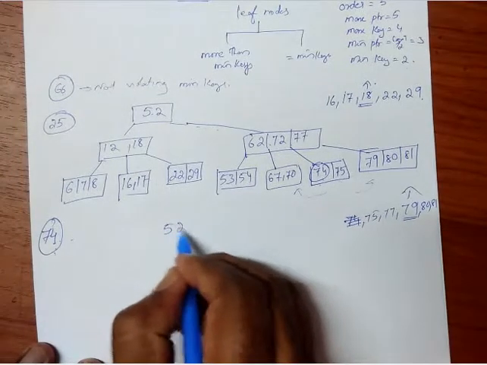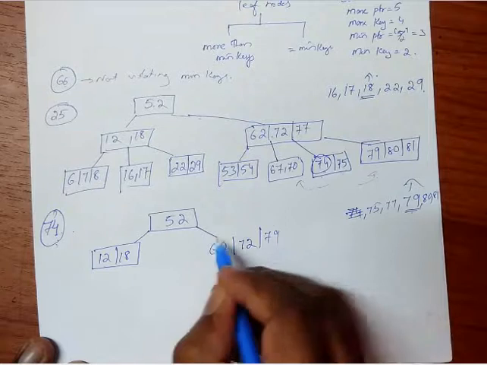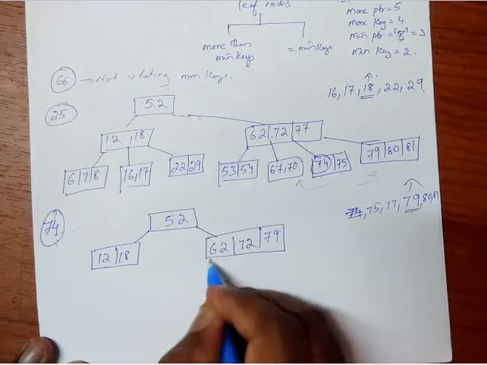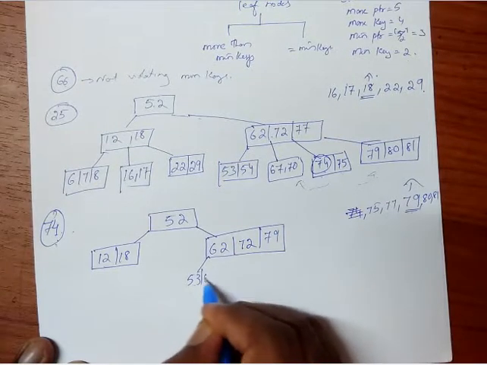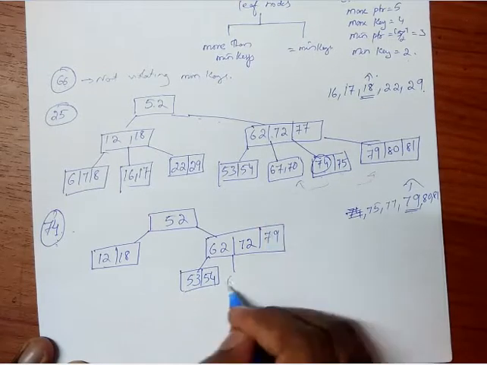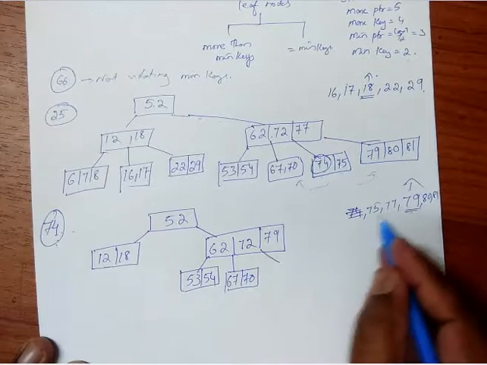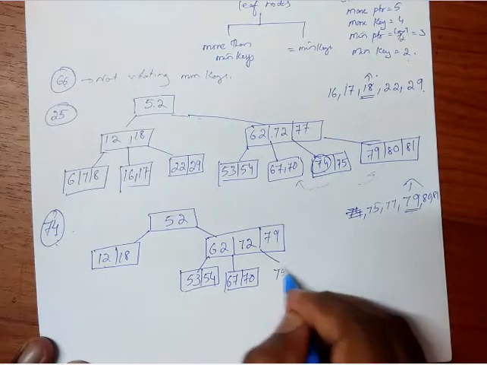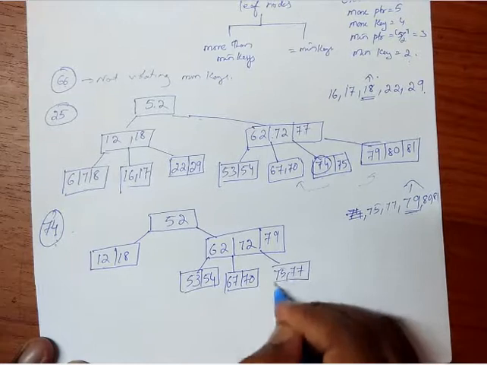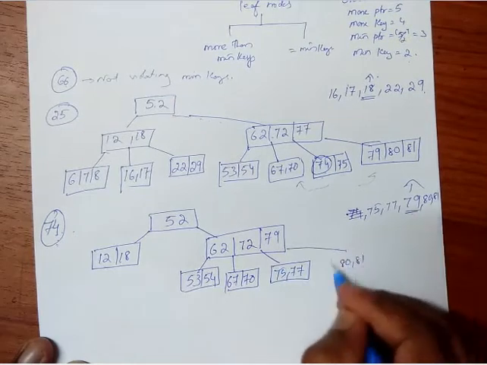So here we are writing 79 instead of 77, because we merged the node 75 with its parent and right sibling. Then we found the middle element, 79, moved it to the parent instead of 77, and filled in the rest of the tree.